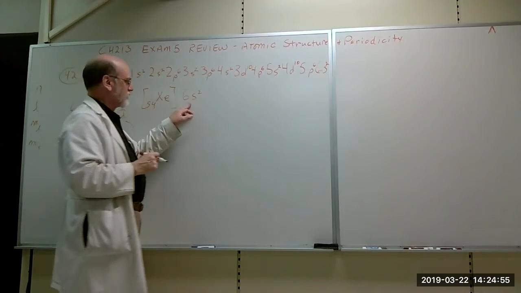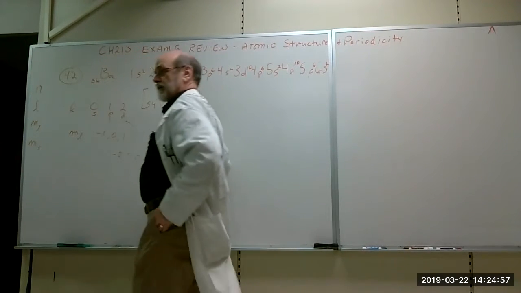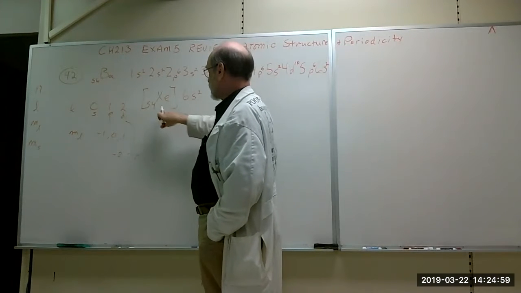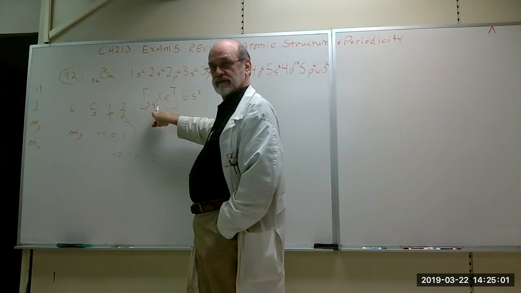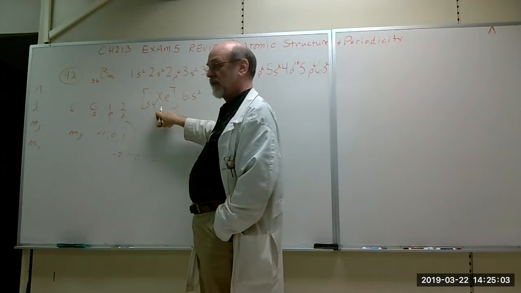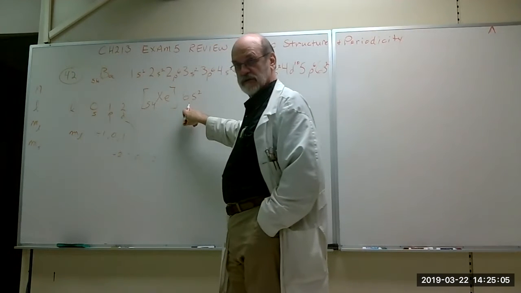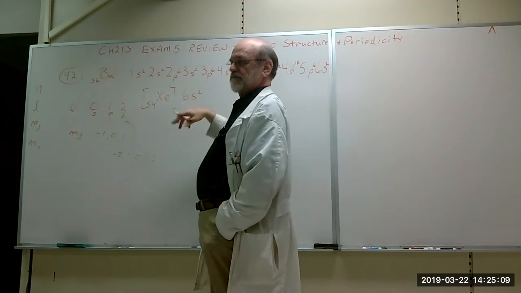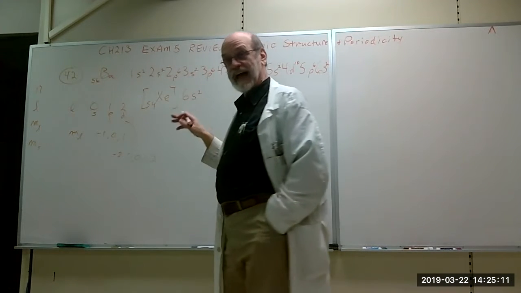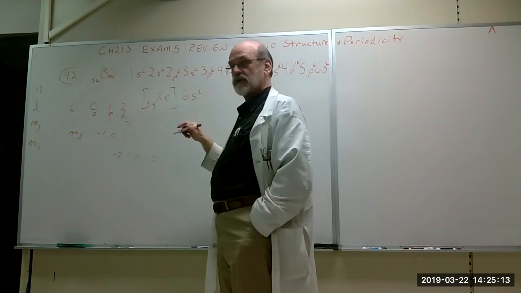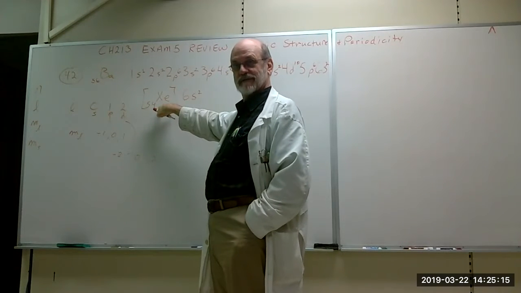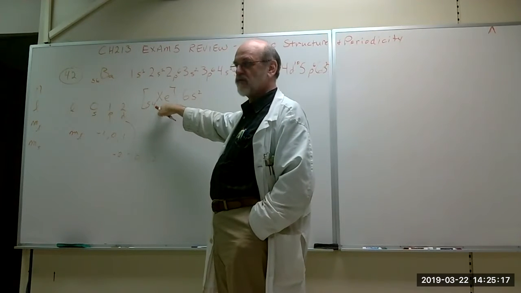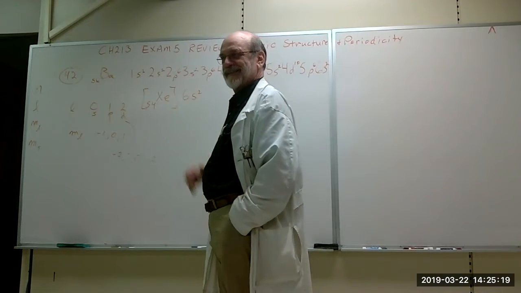Xenon 54, 6s2. This is considered the core. These are core electrons. These are valence electrons. So that's why barium, when it ionizes, gives up those 2 electrons so that it can look like xenon, because everybody wants to be a noble gas.